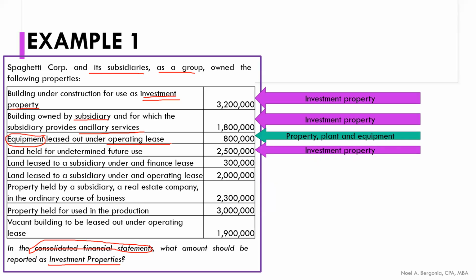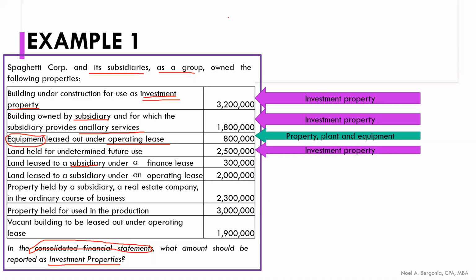Okay, ito na, no? Ito na yung intercompany rentals. So a land leased out to the subsidiary under a finance lease. Okay, so it would be subjected and remember that under a finance lease arrangement, 'di ba? So it will not be treated as an investment property.